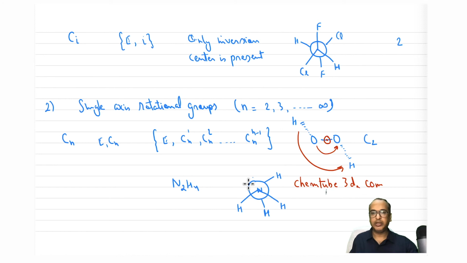There will be a C2 passing through the N-N bond, and this will be your C2 axis. This H goes to the back; this is the kind of rotation we're talking about. Let's take one more example for this, which is triphenylphosphine.